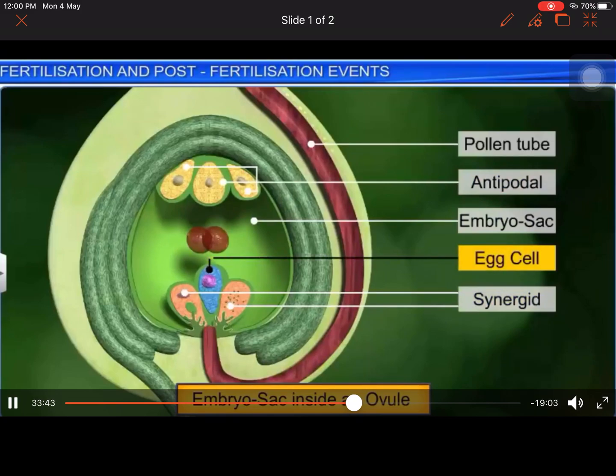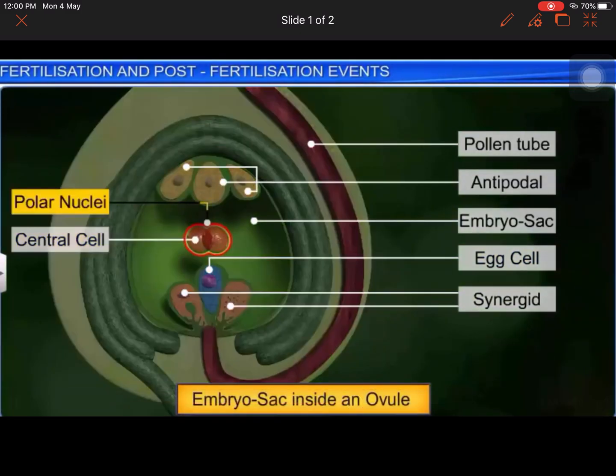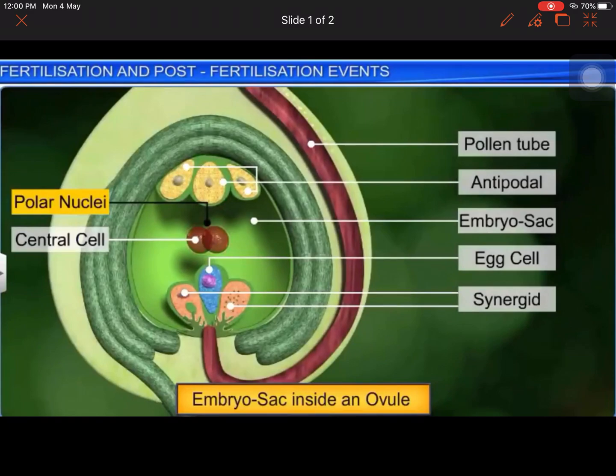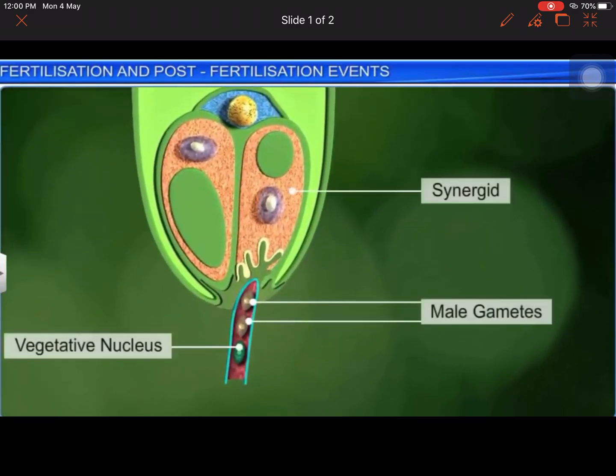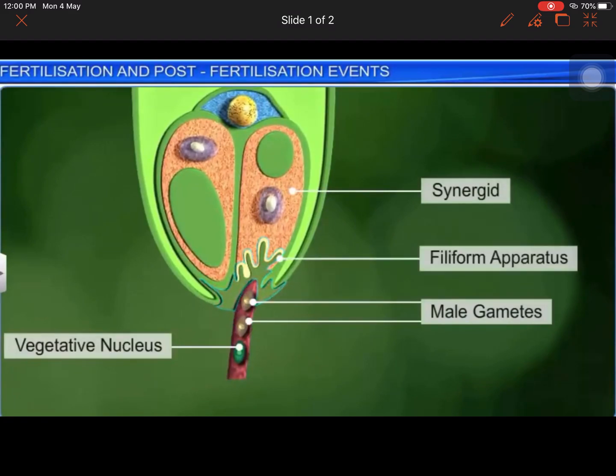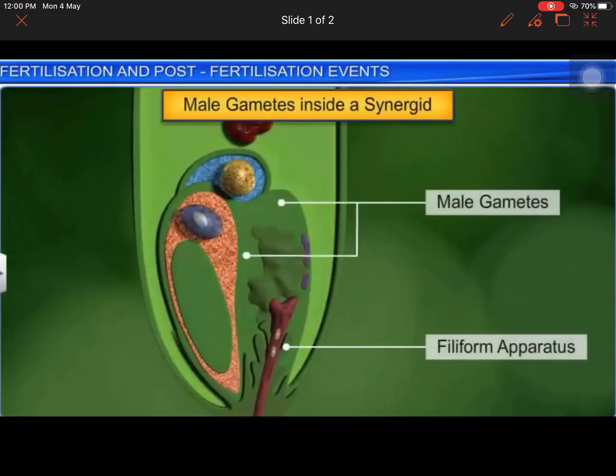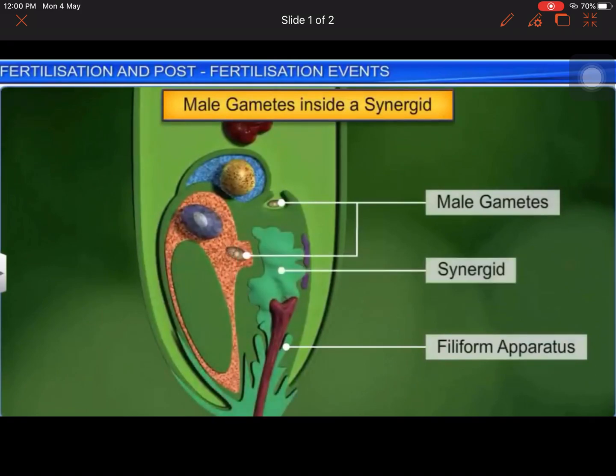And a central cell with two polar nuclei. The pollen tube now enters one of the synergids through the filiform apparatus, during which it ruptures and releases the male gametes into the synergid's cytoplasm.